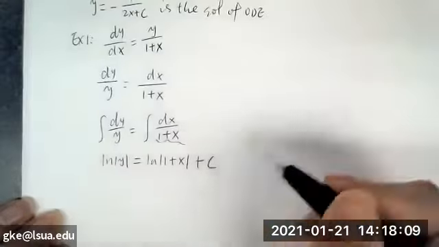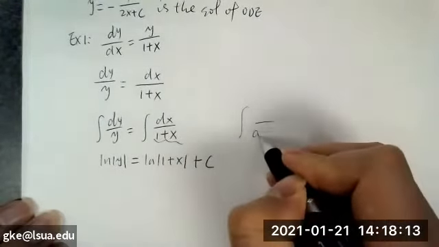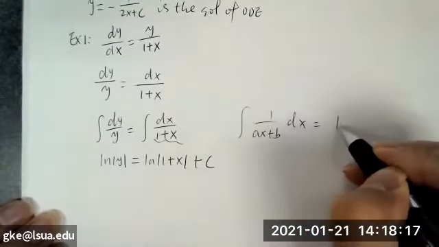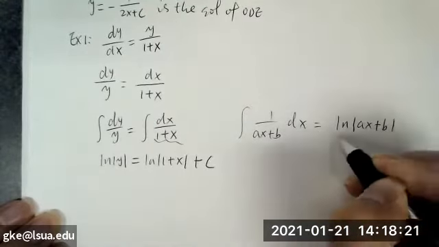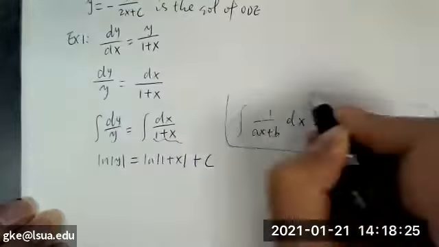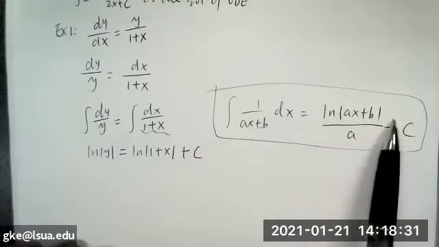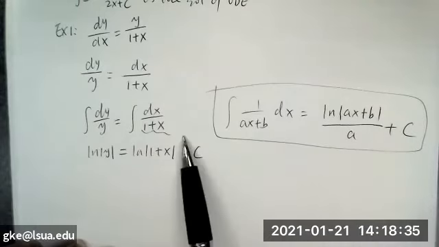Okay, so I'm gonna remind you guys of the formula for this. That's a typical formula. If there's a coefficient a for the x, then the antiderivative is going to be divided by a, plus c.